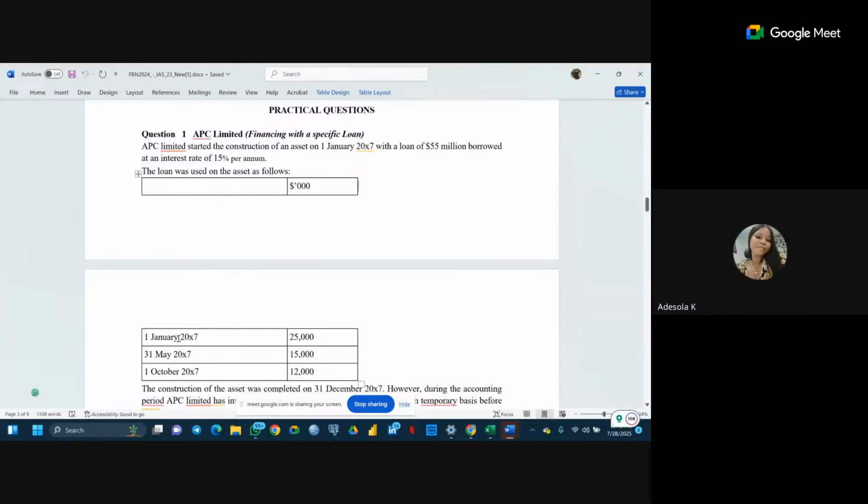So it clearly means that the fund is disbursed to them as at 1st of January 2007. So from the 1st of January 2007 till May, that is 5 months for the fund that they withdrew in May. For 1st of January till October 1st, that is 9 months, because this 12 million that they withdrew on 1st of October is available to them from January, not from May.